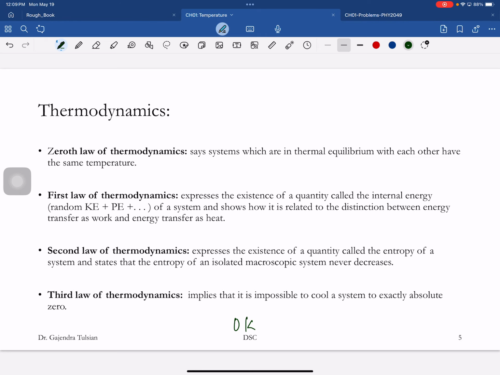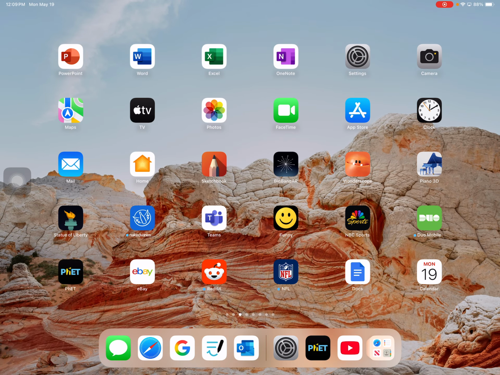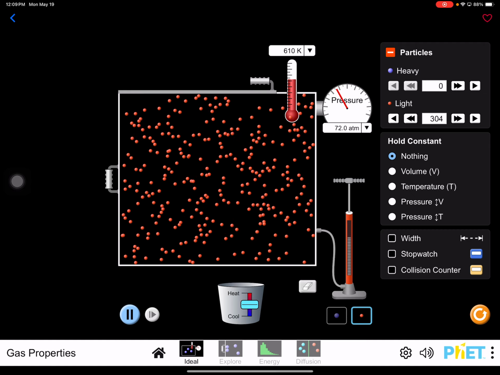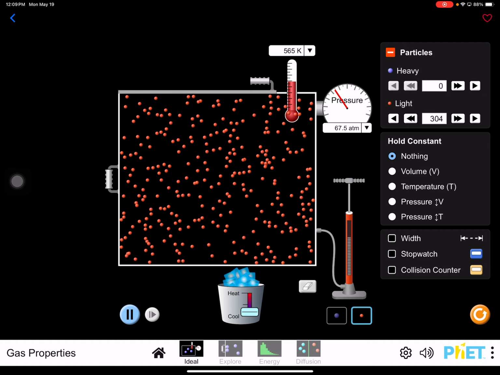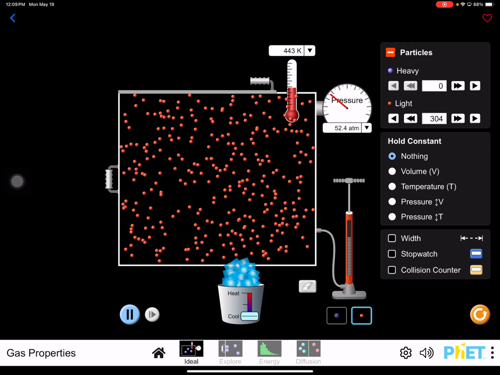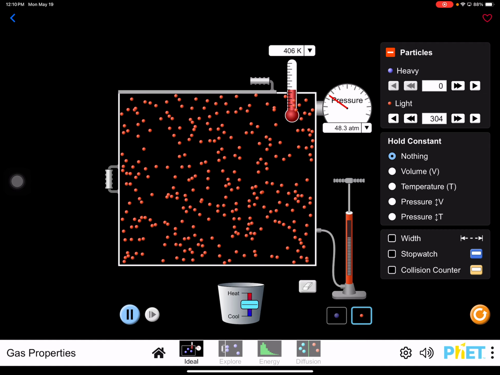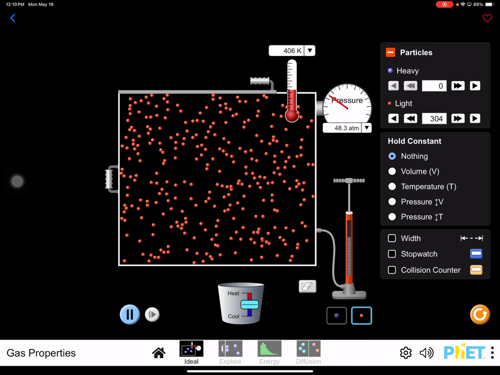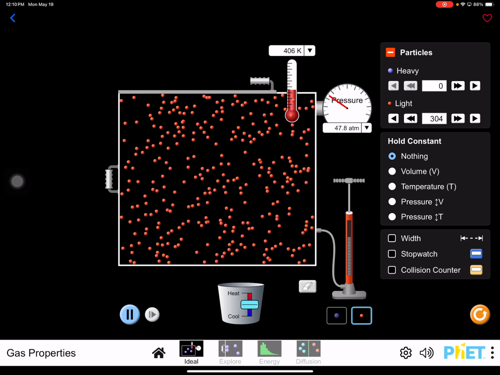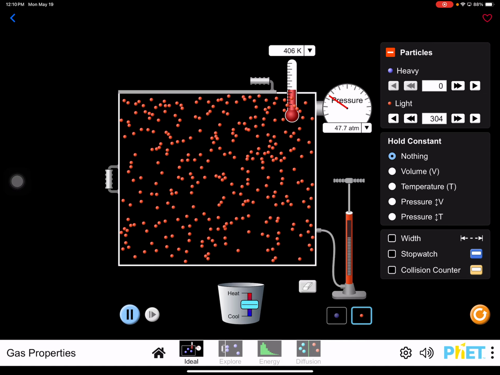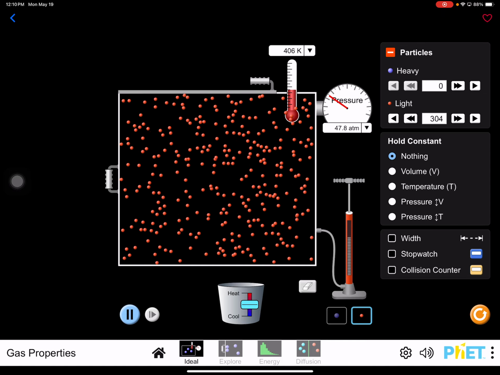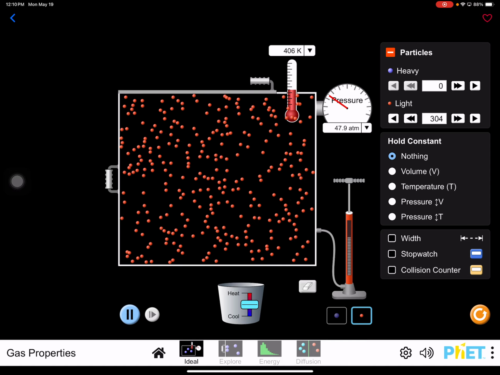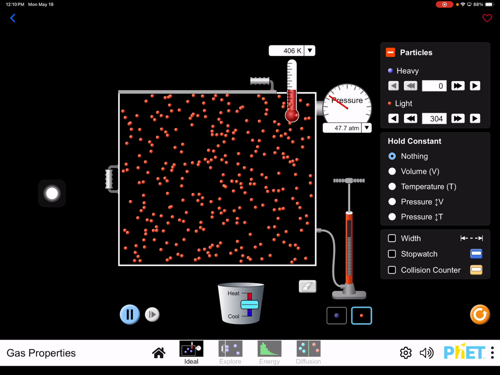So here's how we realize this. I'm going to cool this guy down. And as I cool it down, you see the molecules are getting slower and slower. And the best you can do is stop all the molecules. And that's when you reach absolute zero. Watch this. I'm going to cool it and watch the pressure.